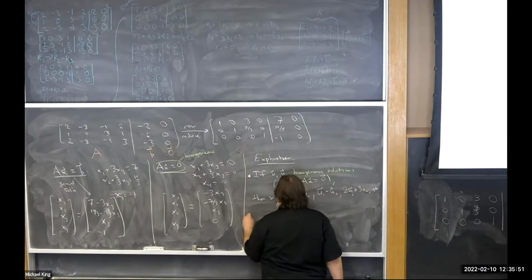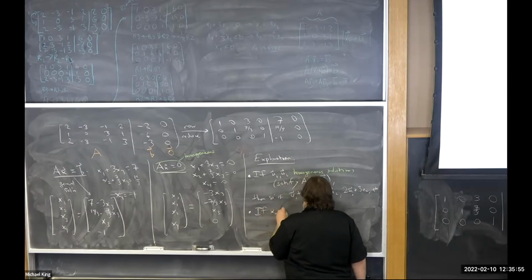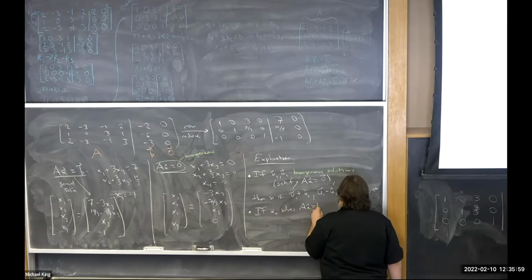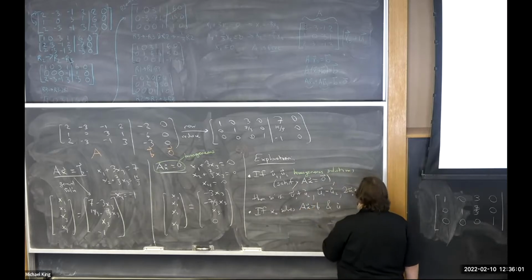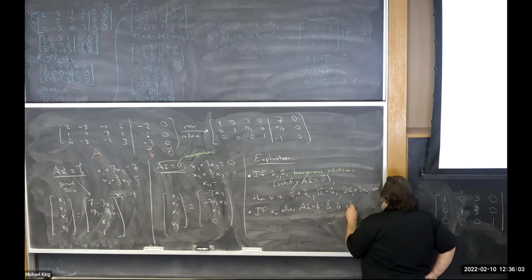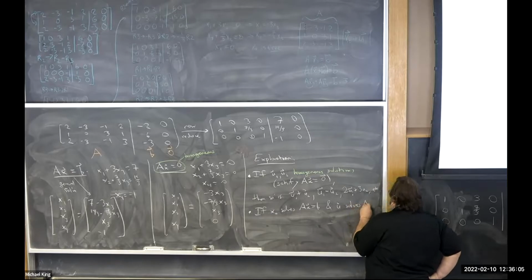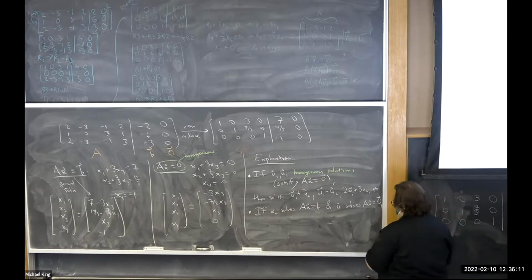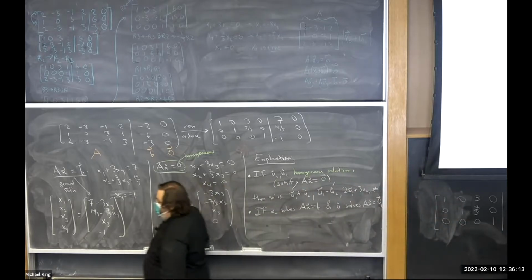And then the second thing was, if x naught solves AX equals B, and U solves AX equals 0, that was what the question was asking.